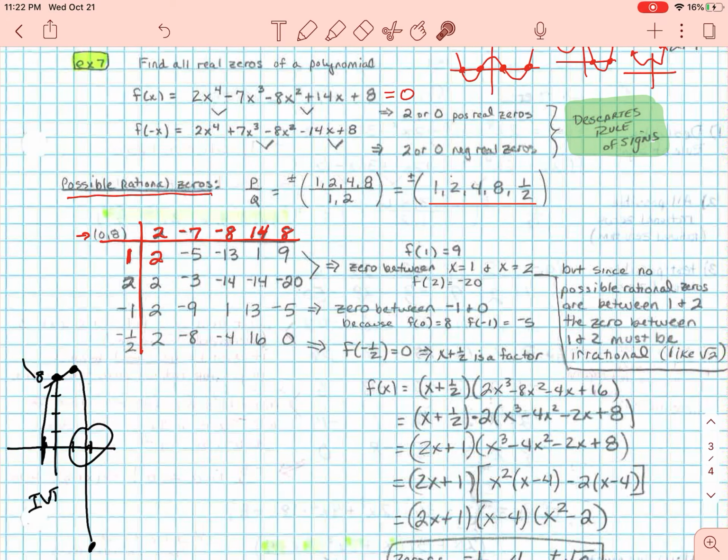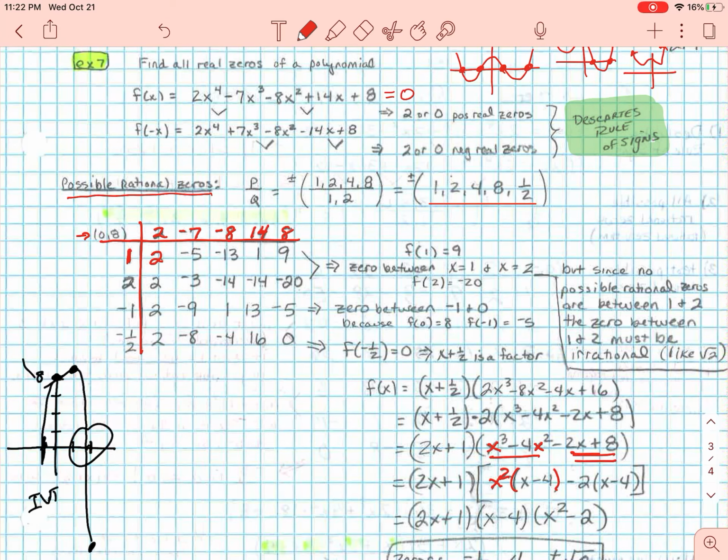And then we look at this, and it's got 4 terms, but sometimes you can factor 4 terms in a cubic by grouping. So we look at x cubed minus 4x squared, and we're going to group those together, and we're going to group the -2x plus 8. We can factor an x squared out of the first 2 terms, and we're left with x minus 4.